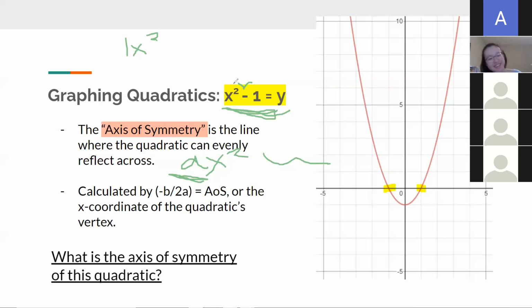Okay, if not, it's okay. But our b term would just be 0x, right? Because obviously we don't have an x term in this quadratic, but the 0x is still a placeholder. And that's really important because we'll use that later on.